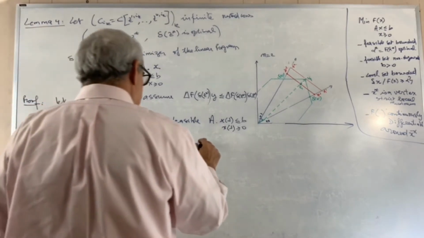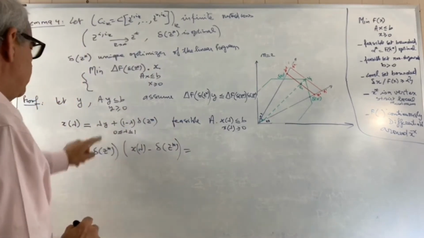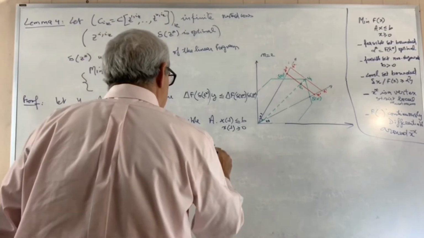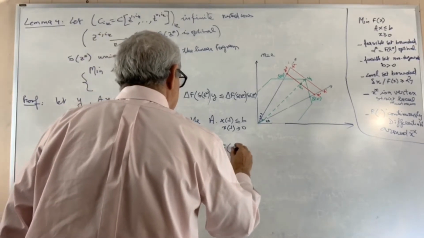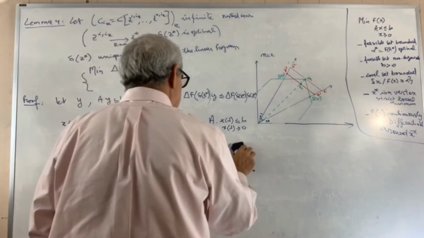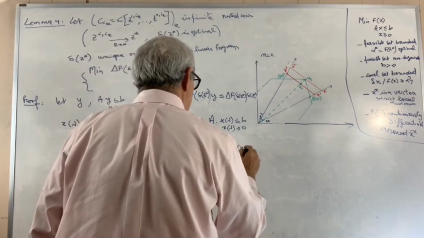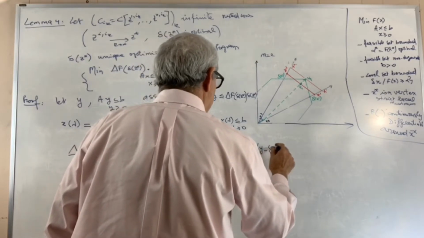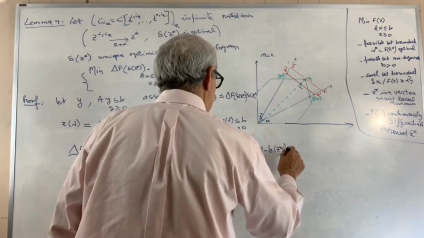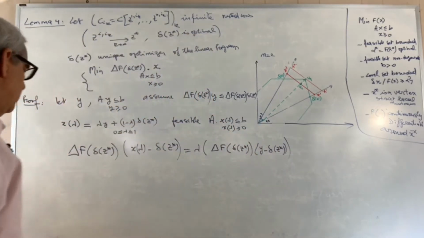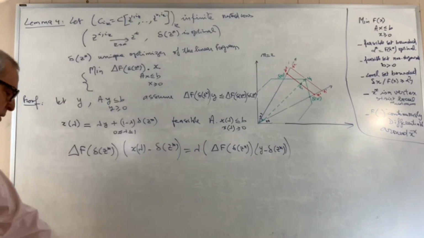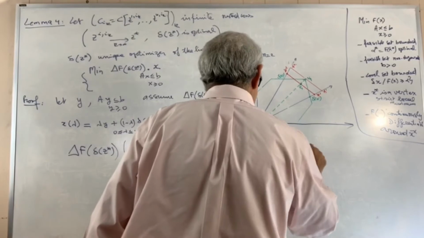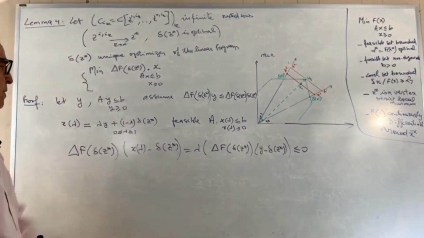So this is just lambda times the gradient of f at delta of z star times y minus delta of z star. Okay, and now lambda is greater or equal to 0, so this is less or equal to 0 for every lambda between 0 and 1.